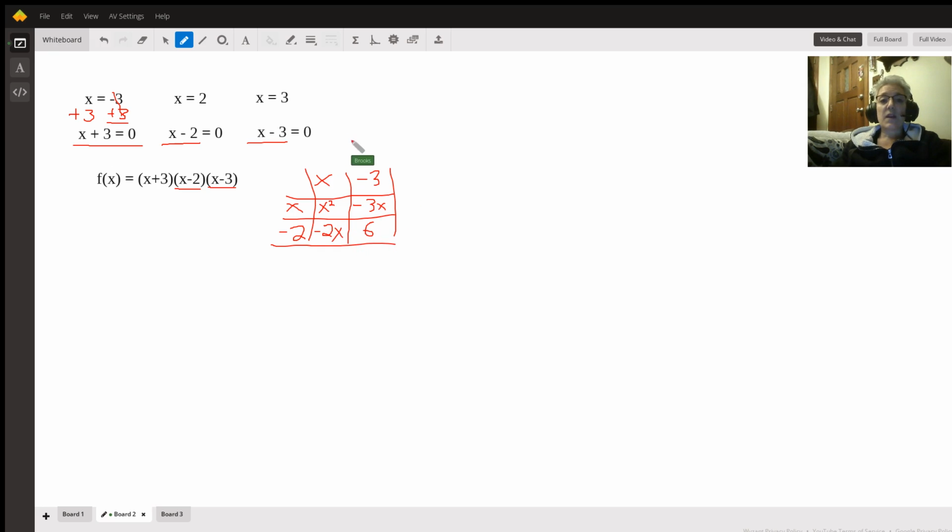Now I'm going to switch colors and write out the trinomial. I'm going to start with the highest order exponent, which is x squared. There are no other x squared terms, so I'll just write x squared. Then -3x minus 2x equals -5x.